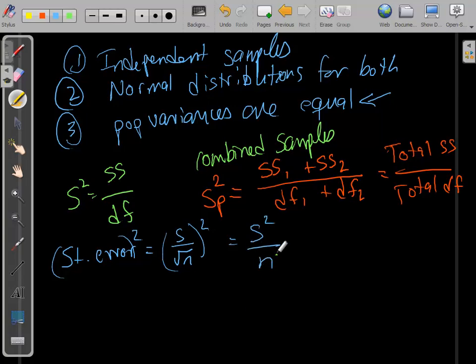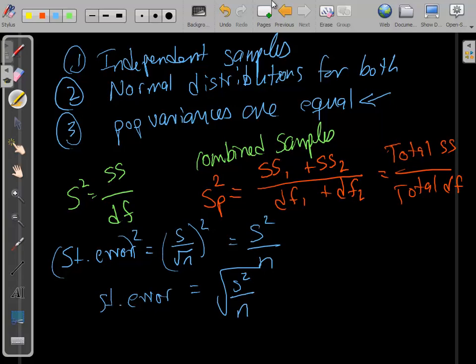And then when you take the square root, it's the square root of that. So really standard error looks like the square root of the variance divided by n, like that. Okay, so this is the model we're going to take, and since each one of the samples could be estimated by the combined standard deviation, we're going to just put that in for both.